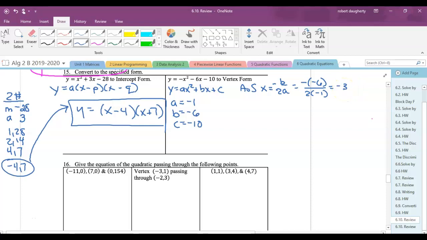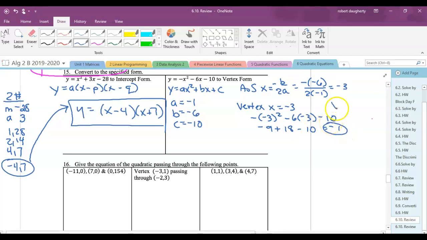So if I know that's the axis of symmetry, I know that the vertex is found by plugging that value in. So when x is equal to negative 3, I get negative of negative 3 squared minus 6 times negative 3 minus 10. So this is negative 9 plus 18 minus 10. So this is negative 1.